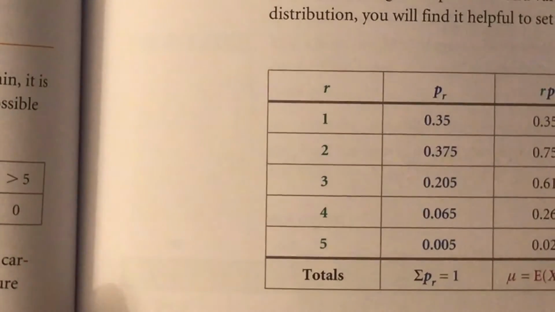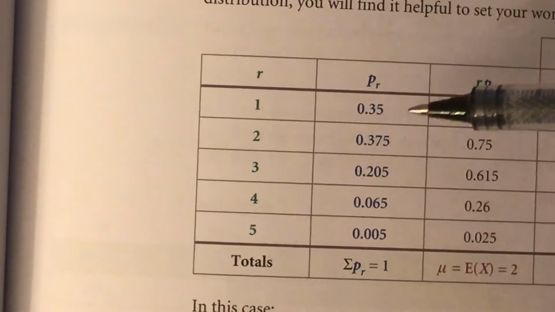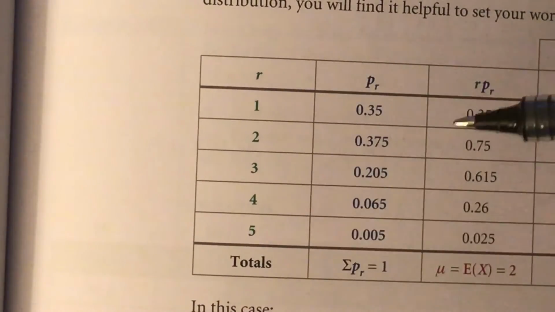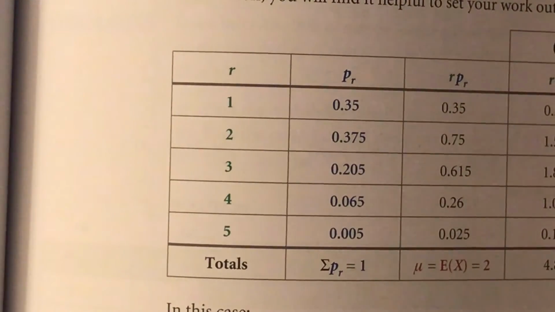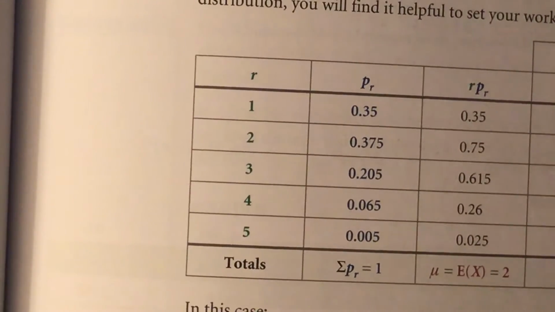They do it in a fancy table over here. We're here with the percentages we just saw, and R times P, they're letting R be the same as X as seen here. And so you just multiply all those things, and if you add them all up, they add to the nice number of 2. And thus you could say, okay, the average car has around 2 people in it.